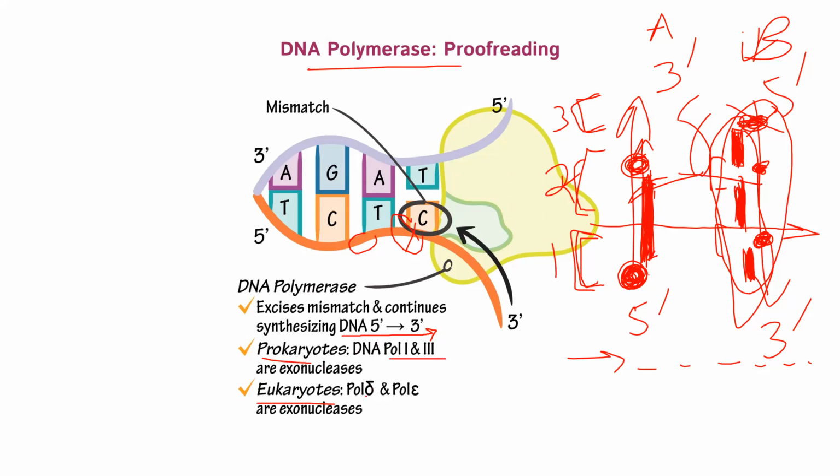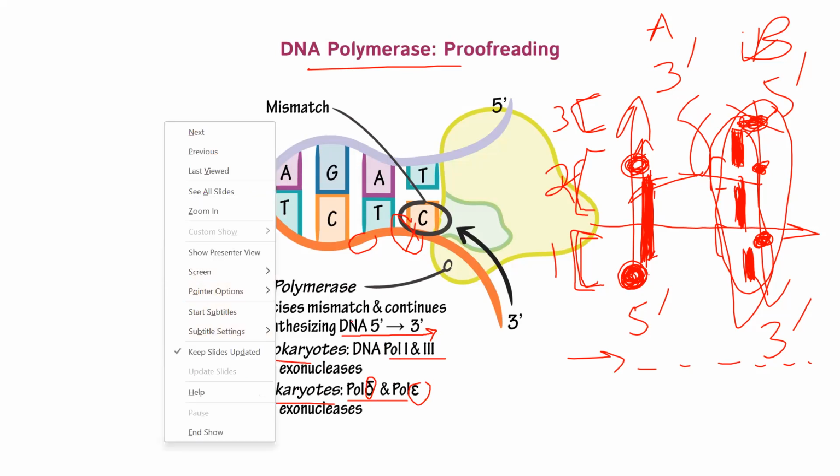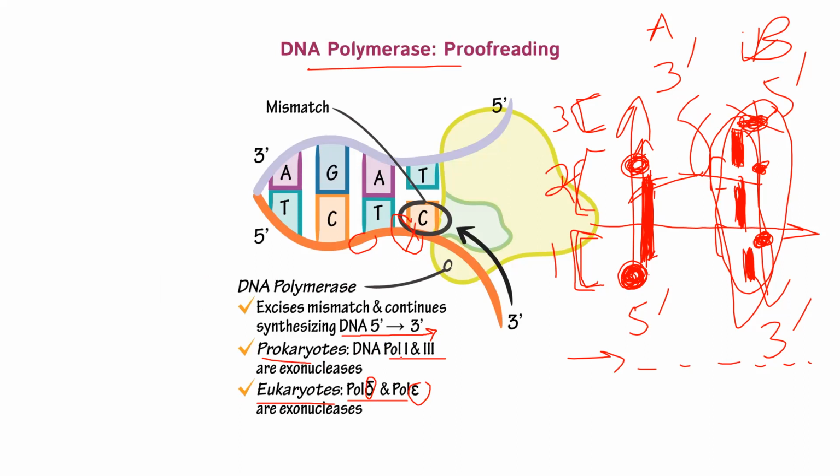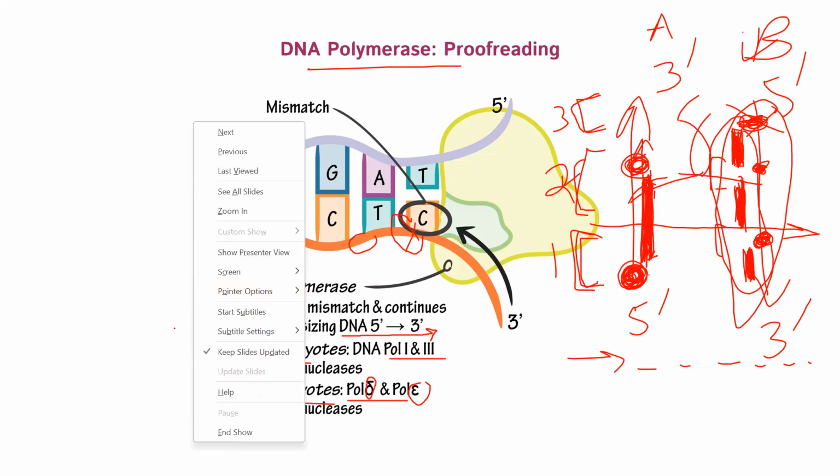Whereas eukaryotes have differently named ones, alpha, delta and epsilon DNA polymerase, okay? So they have totally differently named DNA polymerases. They have alpha, gamma, delta, epsilon, so differently named. And these prokaryotes have simple names, 1, 2, 3, eukaryotes alpha, gamma, epsilon, etc.